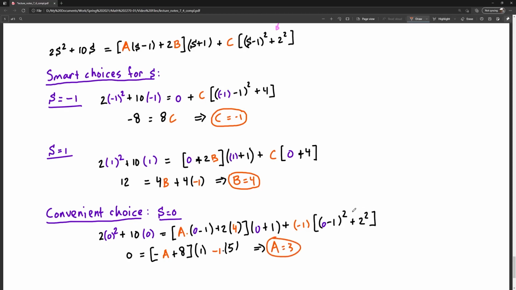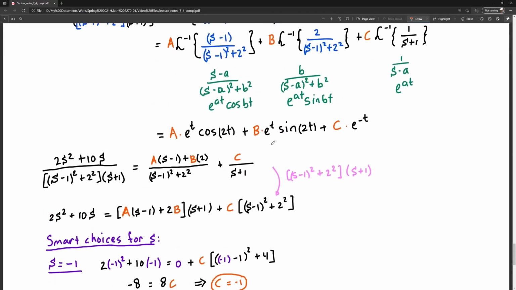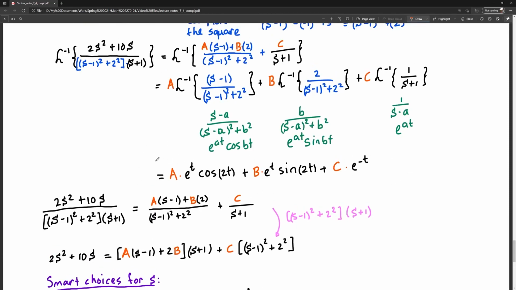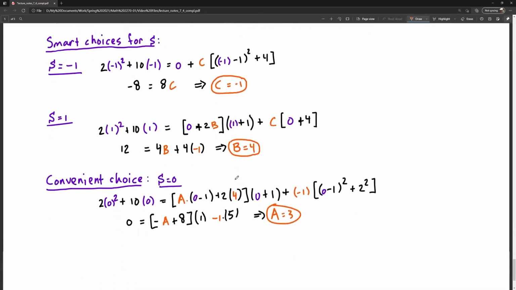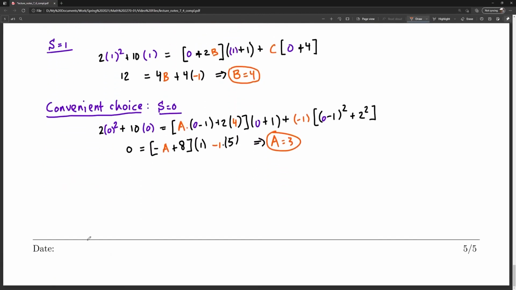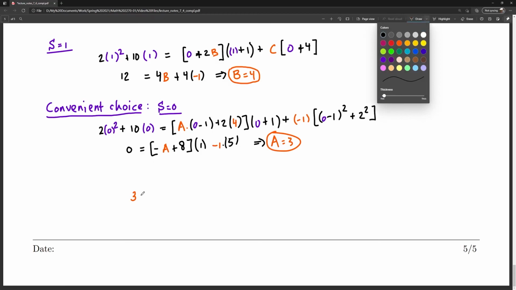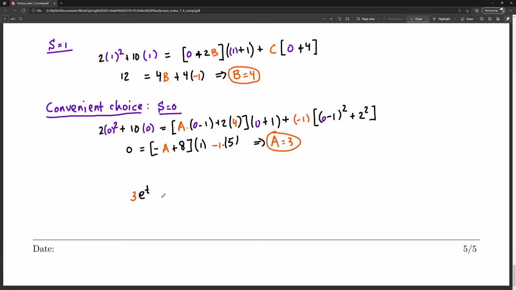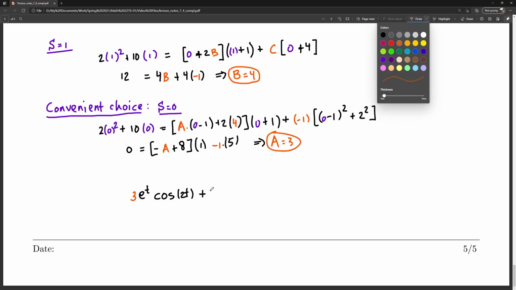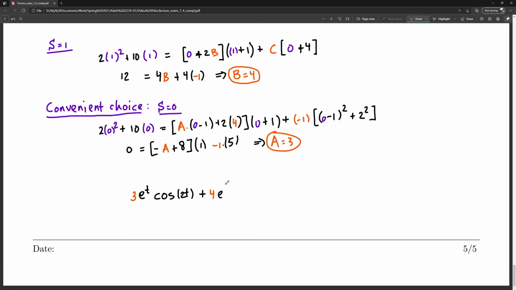And now we have all the coefficients, so we can plug them into the solution we found here. And so our final solution for the inverse Laplace is 3 times e to the power t cosine of 2t plus 4 times e to the power t times sine 2t.